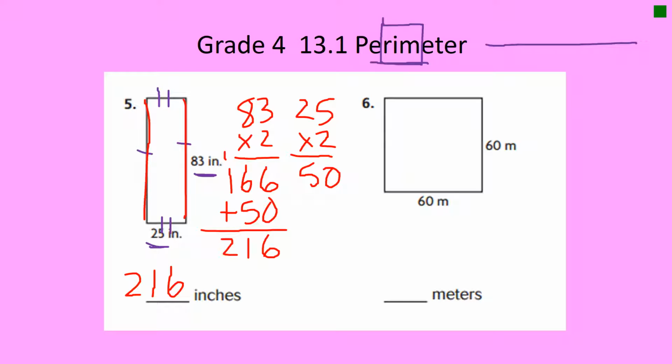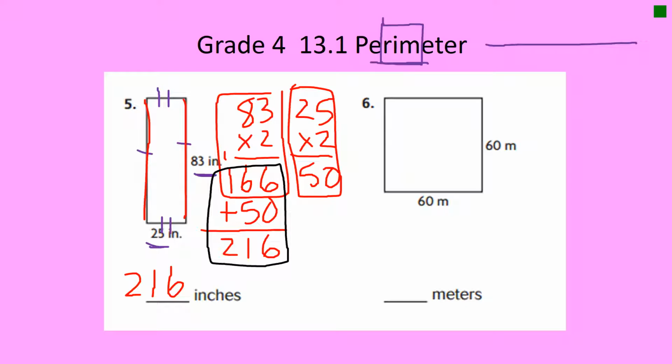So all I did was 83 times 2, and then 25 times 2. I added together the 166 plus the 50, all four distances, all four sides, and I got 216 total inches around this rectangle, or the perimeter is 216.